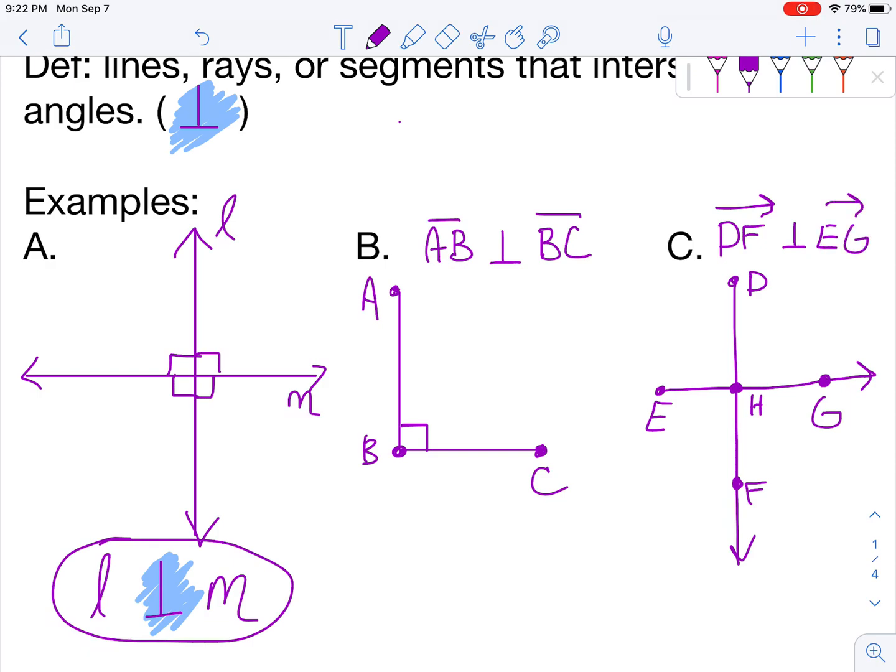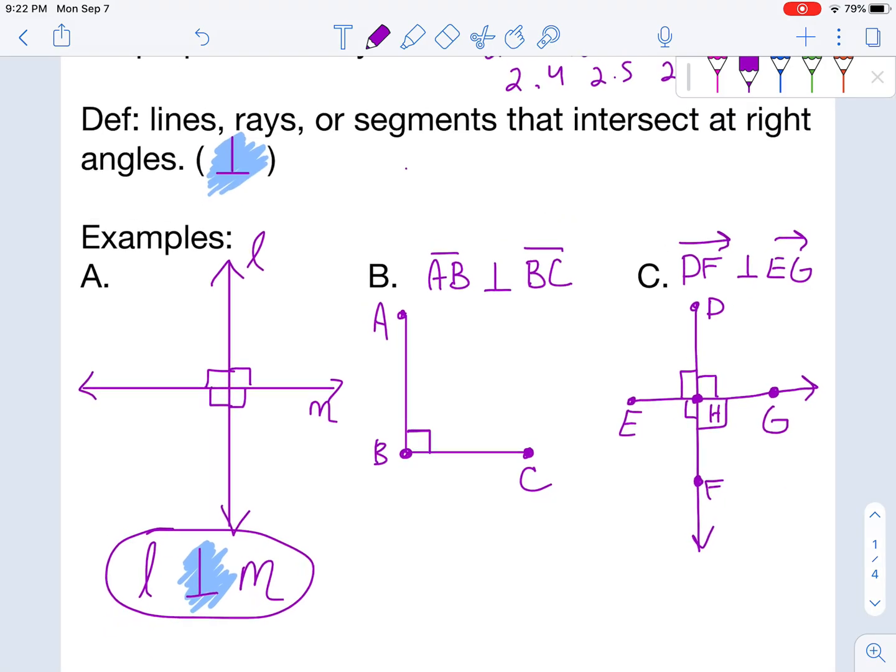Okay, so you can have rays, segments, or lines that are perpendicular. And all that means, if 2 rays are perpendicular, then they intersect to form right angles. So all those angles are right angles. You can put the little box in there.